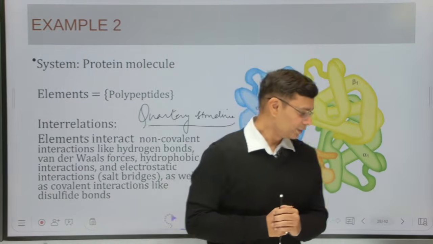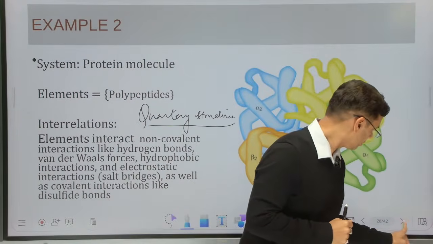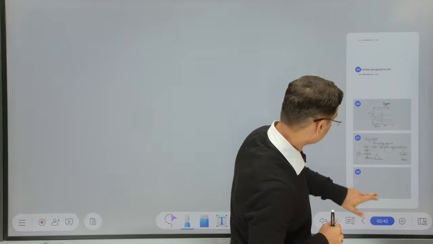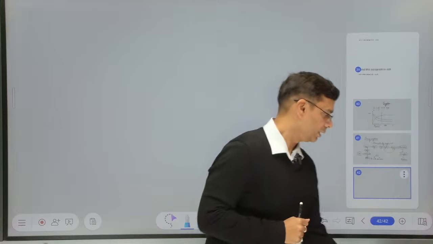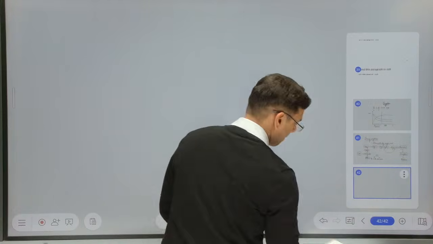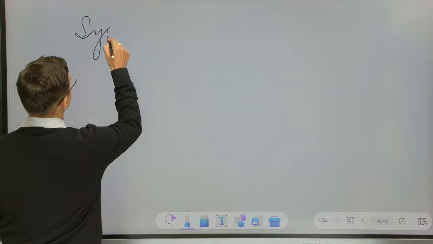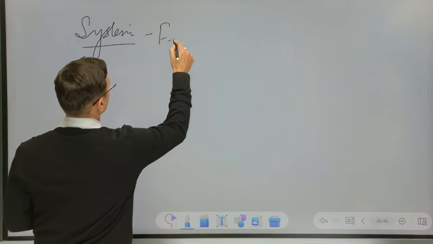But still I have taken one example, some medical example. Okay, let's say I have taken my system as the femoral triangle.